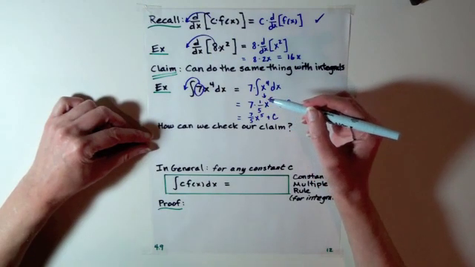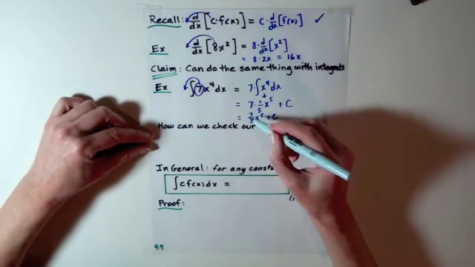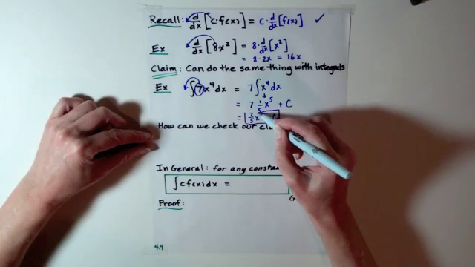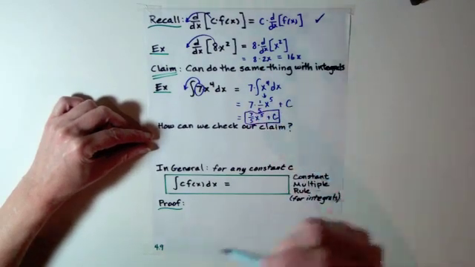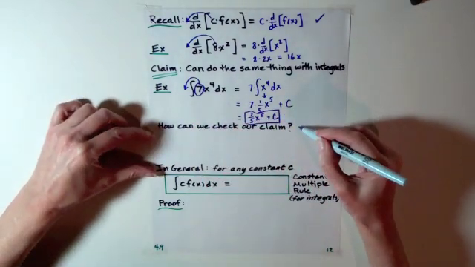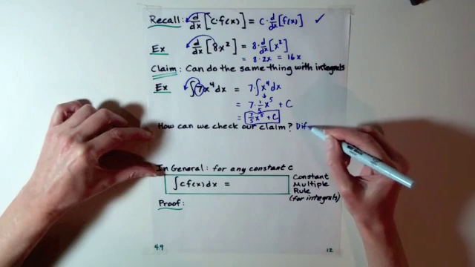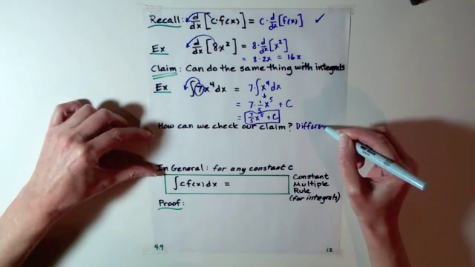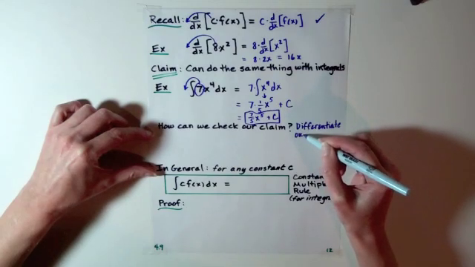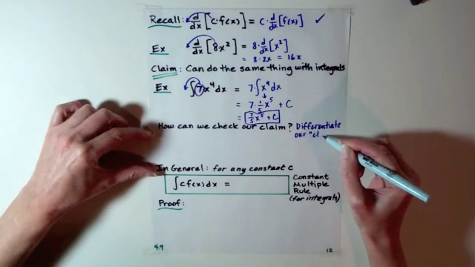Well, the nice thing about integrals is that if I have something that I think is the answer, I can always check it by going back and differentiating. So how can we check our claim? We can go back and differentiate our claimed answer.